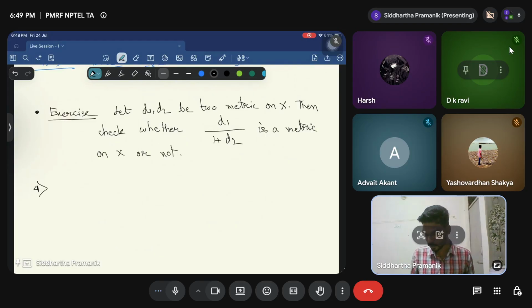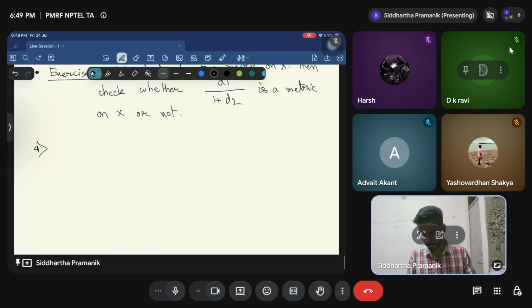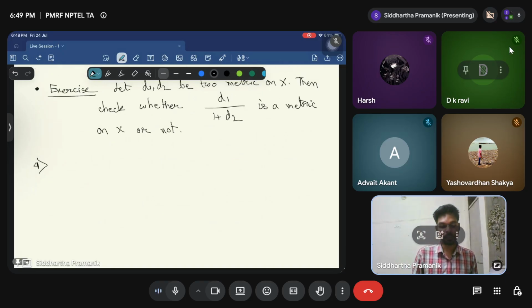So this is the fourth problem. This is like, if you have a metric space and another set, and from that set to the metric space you have a function, then how will you create a metric on your set?